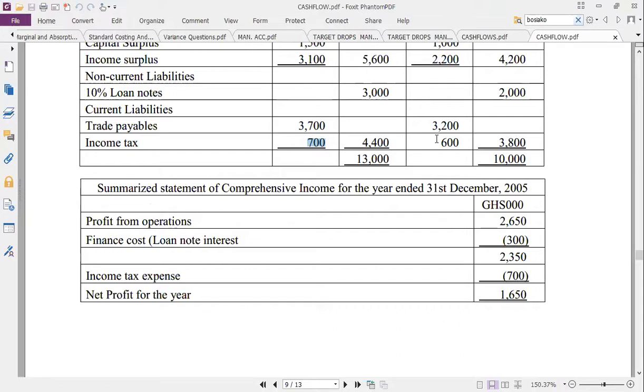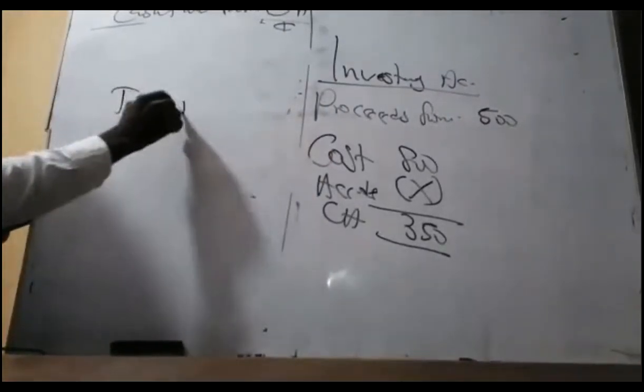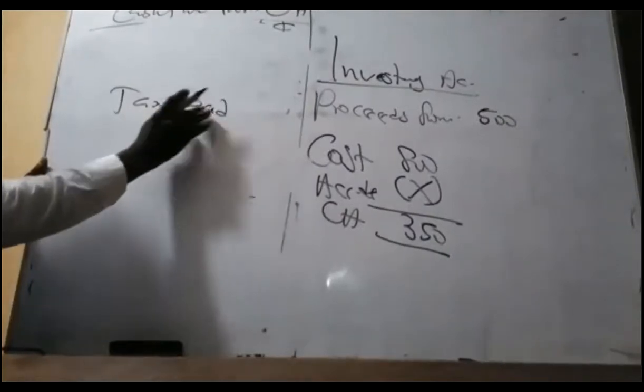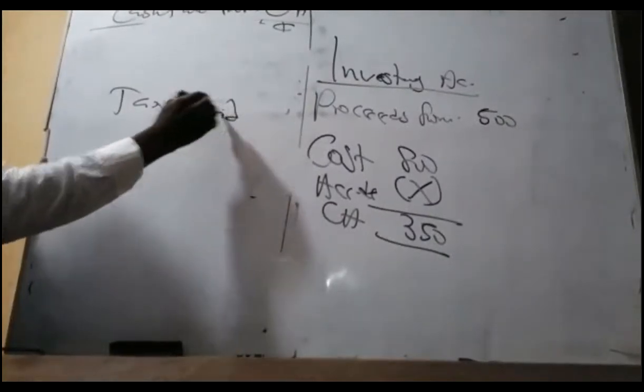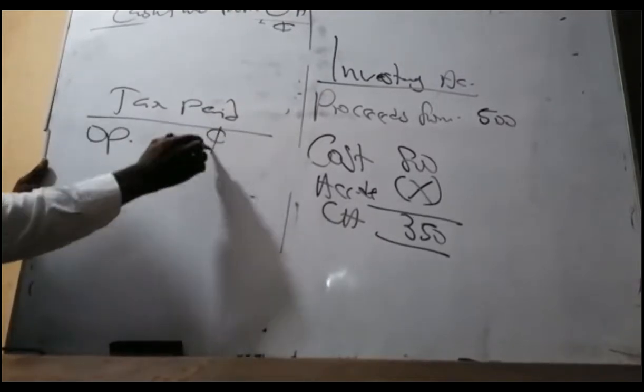They're telling us that the only tax they paid in 2005, the current year, is the last year's tax that they provided, which was the 600. And the calculation confirmed that. Let's back it into calculation. If you are calculating the income tax paid, tell the examiner that you need the open balance, which was 600.